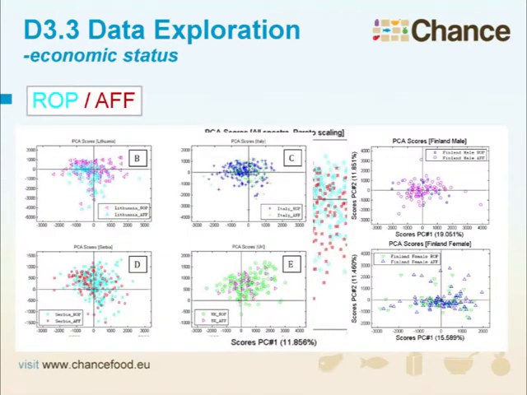So then we wanted to investigate all the different recruitment sites, and quite disappointingly, it was not really possible to find clear trends in any of the different recruitment sites, Finland female, Finland male. Even if we divide it up into gender, it was not possible for us to find a clear separation between ROP and affluent people.